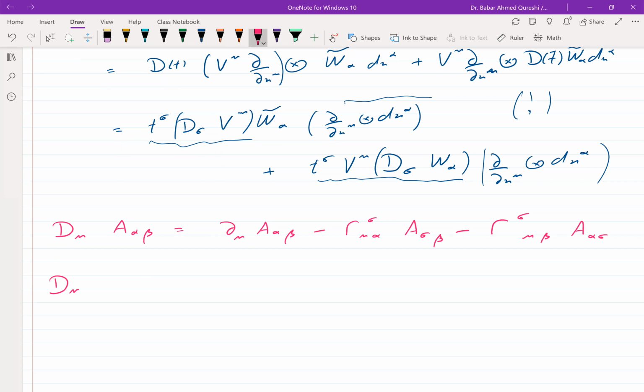Similarly, अगर मैंने यह लिखना है, I have an object like this, so it would be d mu of a alpha beta plus, when I act on the vector index, I put a plus. Mu यहाँ से करना है और सिग्मा यह जो वेक्टर इंडेक्स है वह सम हो जाएगा.